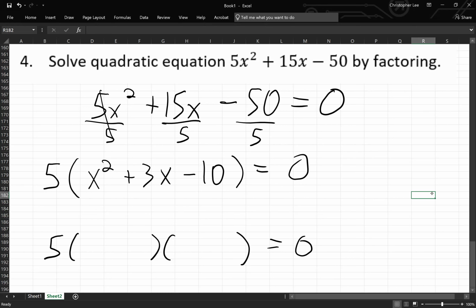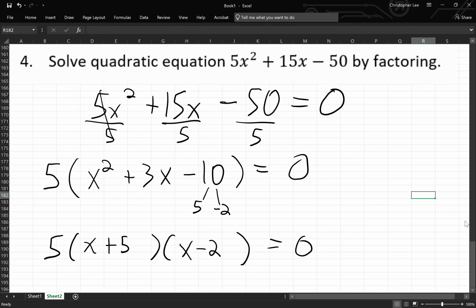What do we think they are? 5 and 2. Okay. So 5 times -2 is -10, and 5 plus -2 is +3. Perfect, right? So this is going to be x plus 5 and x minus 2.